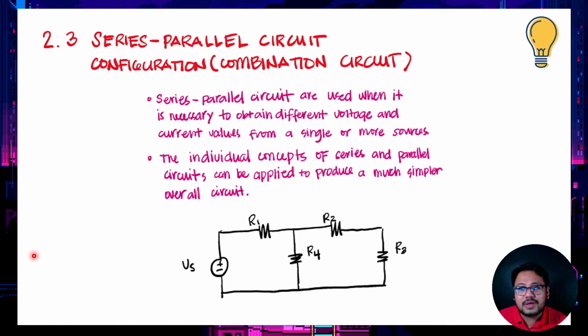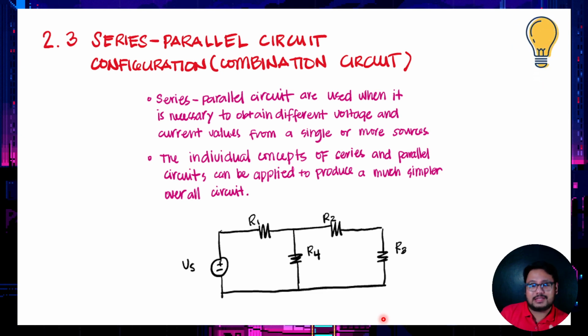We have to determine if our resistances are in series together or in parallel with each other. And what we're going to do is reduce and reduce our circuit until it becomes simpler. By the way, there's no fixed formula here. It will really depend on whether we have understood the concept of series and parallel circuits. And then we just have to combine them all together.